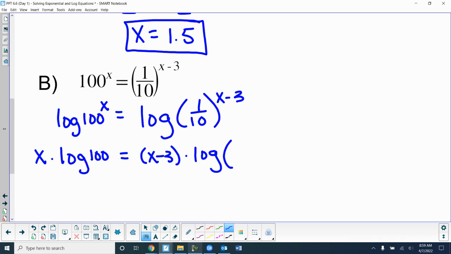Questions? Mr. Wise, now what? I'm going to move log to the other side. How do I move it? Dividing it. Yes, divide log of 100 to the other side.